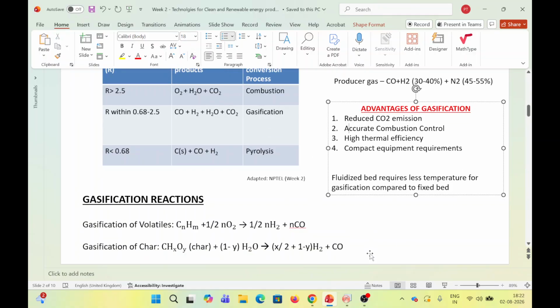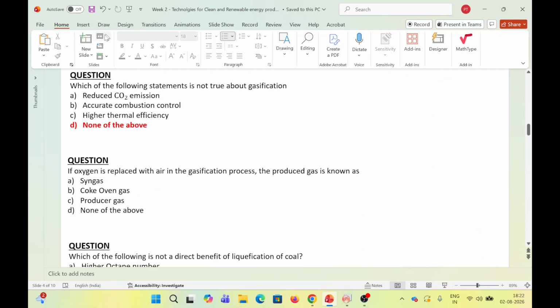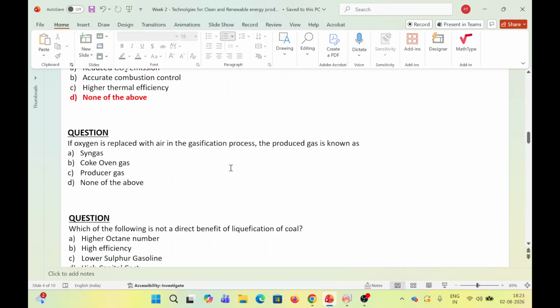Since they are asking what is not true about gasification, options A, B, C, all three are true statements. So obviously we are supposed to choose the answer which is false. Since none of the options match, it's option D, none of the above.